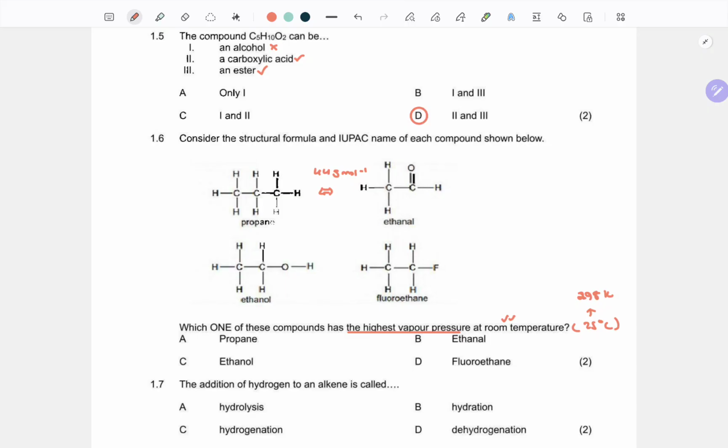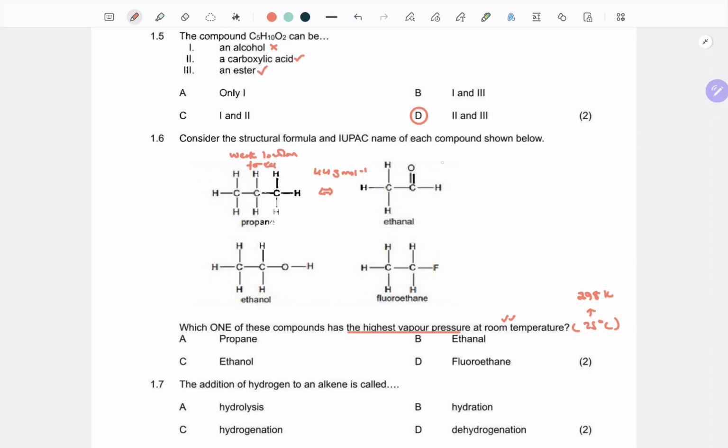So between those 2, which one would have the highest vapor pressure? Obviously it's the one with the weaker intermolecular forces, because it quickly evaporates, than one which has stronger. Remember, this one has London forces. We can call them weak London forces.